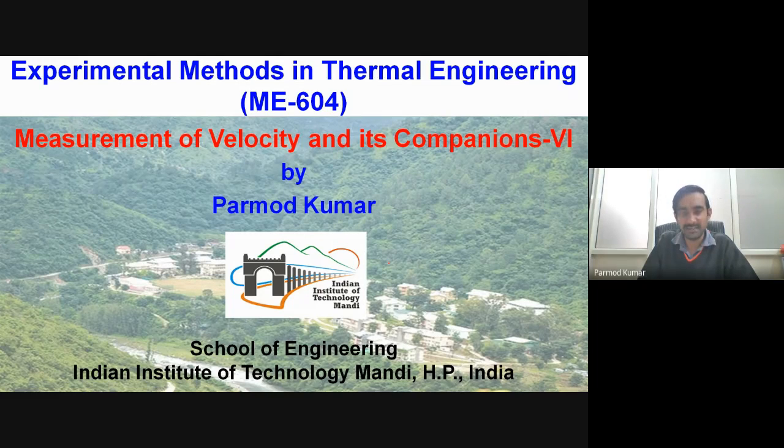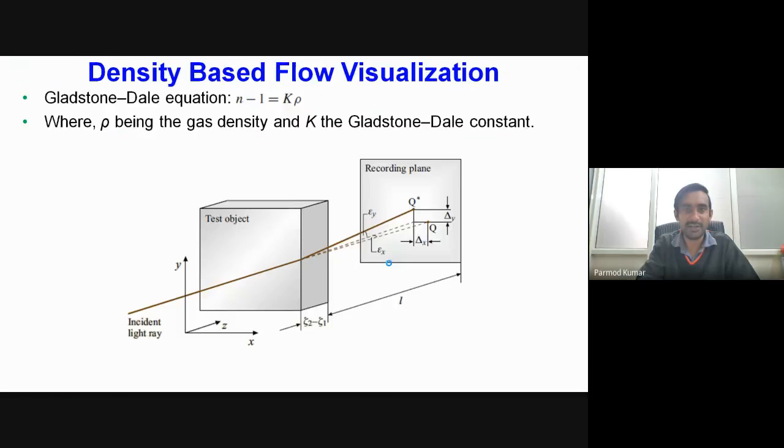In this particular lecture, I will conclude our discussion on the measurement of velocity and its companions. In particular, we will try to see some of the measurement techniques which are based on density based flow visualization. These techniques are also based on optical visualization.